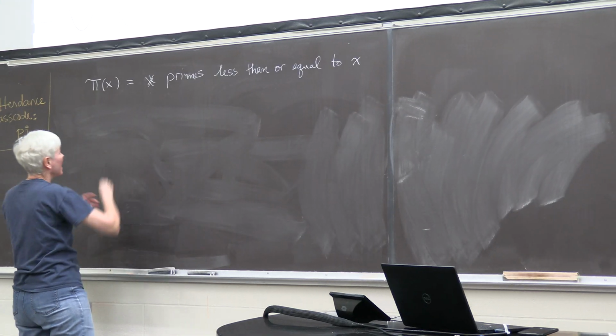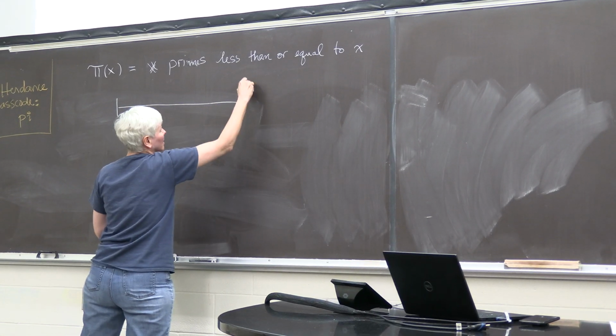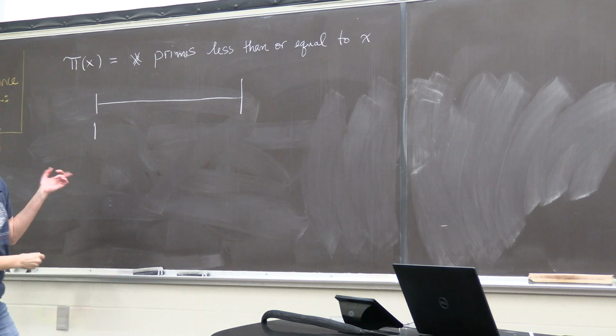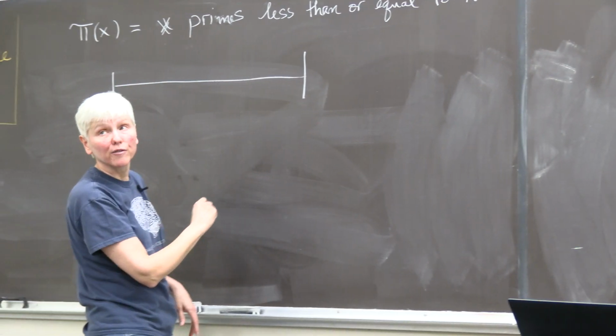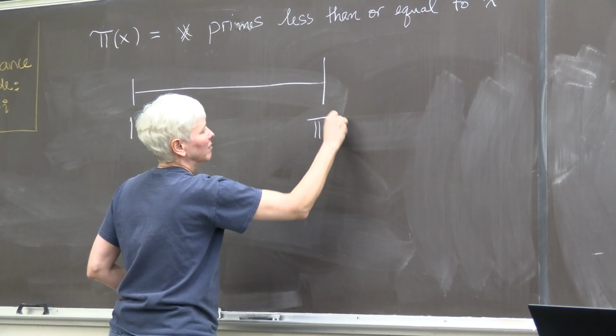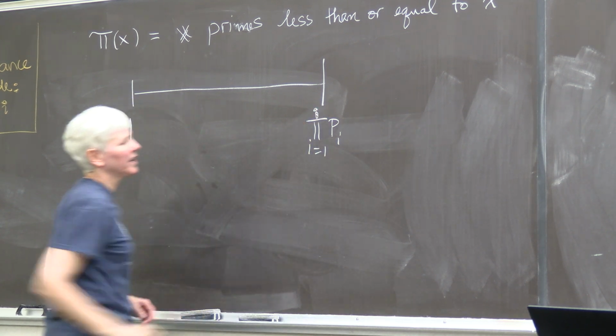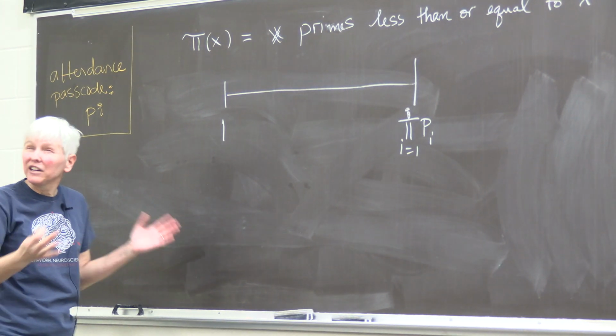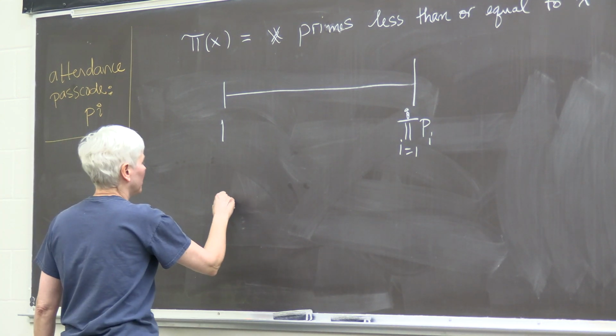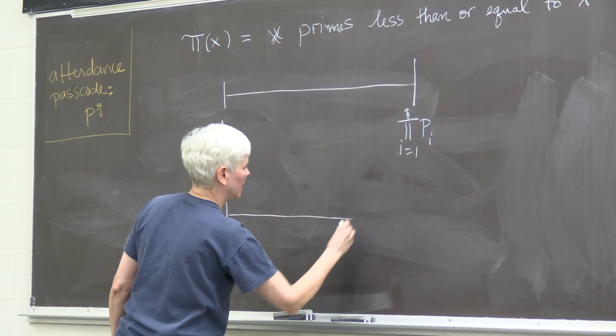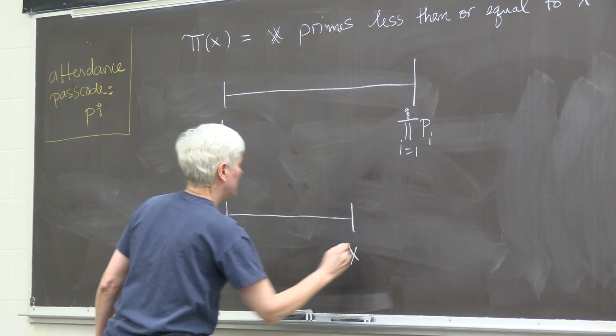I said, all right, here's the interval from 1 to the product of the first q primes. Okay? And then I get this other interval that tends to lag behind a bit. My x.